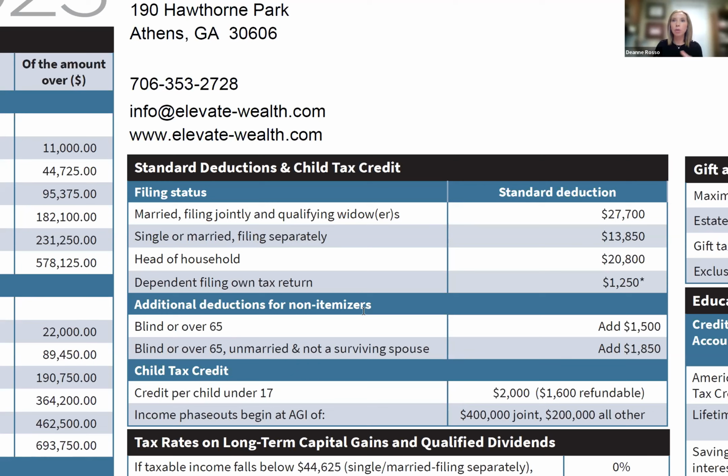What if you take 2 or 3 years of charitable gifts and bunch them into 1 year, just so you can get to the level of itemizing and get a bigger tax deduction? And then in years 2 and 3, you just take the standard deduction. There are some different types of accounts and strategies we can use for that. But paying attention to how close you are to either the standard deduction or itemizing can help make sure that you get the most tax benefit out of things like charitable gifts.